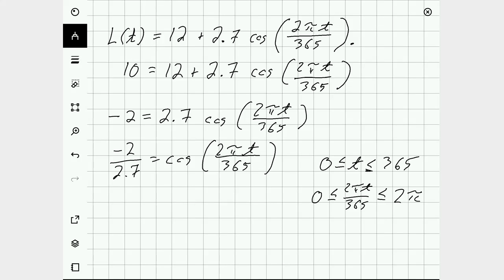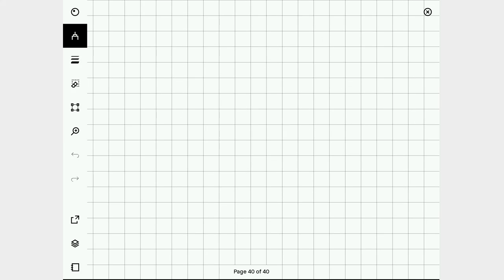So my next step is going to be to do a U substitution. And the point of a U substitution is just to find a new way of writing the argument of your function so it's a little bit easier to work with.